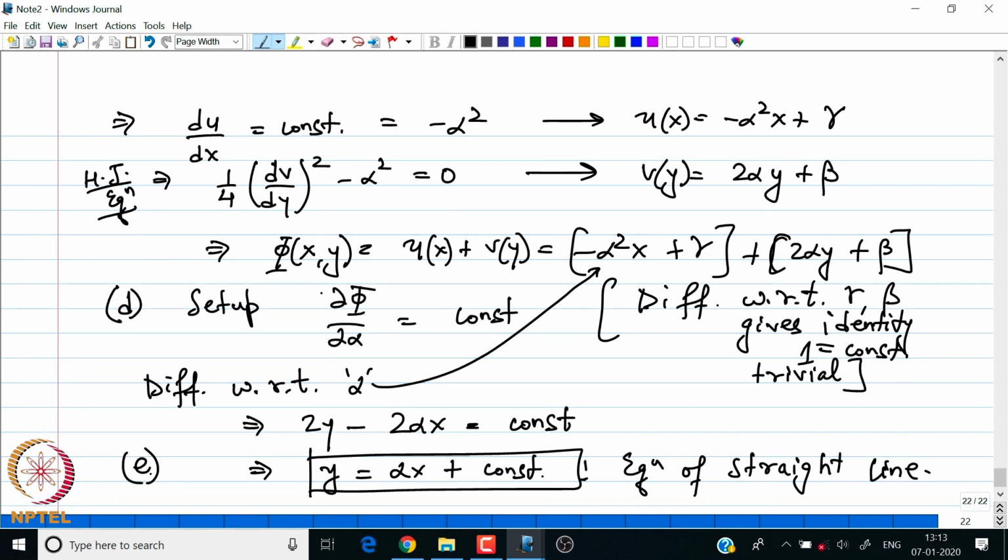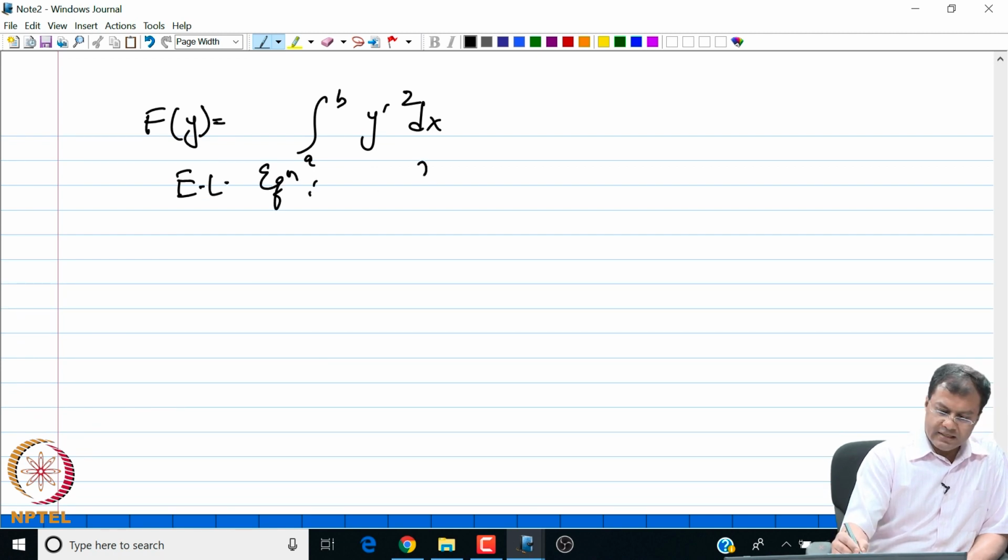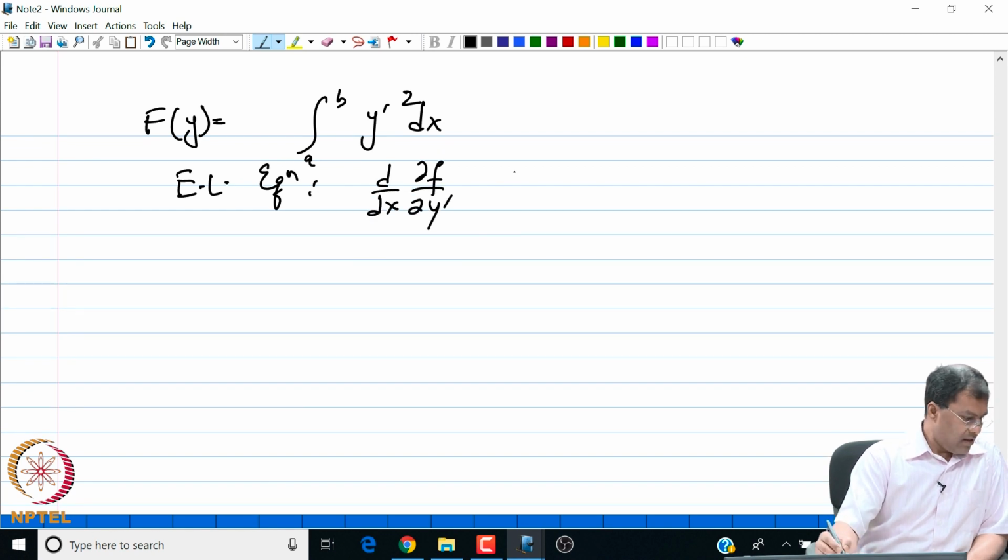Before we wrap up our lecture session, let us quickly look at the same formulation via the Euler-Lagrange condition. Let us find the extremal via Euler-Lagrange. Notice that the functional F of y is the integral from a to b of (y prime) square dx, and the Euler-Lagrange equation gives d dx of partial F partial y prime equal to partial F partial y.